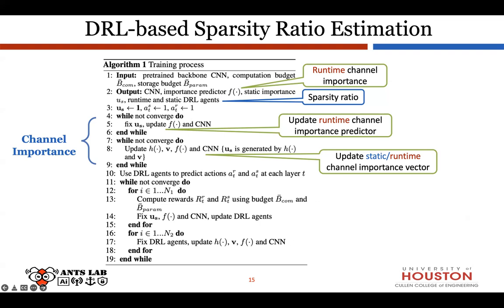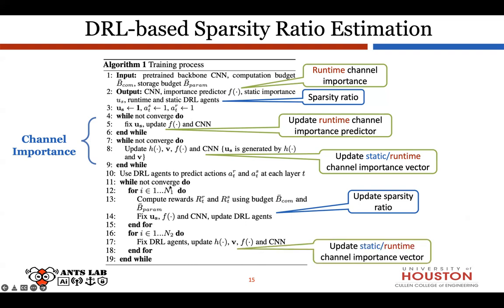Next, we move to the deep reinforcement learning part. We want to use the deep reinforcement learning agent to make the decisions of the sparsity ratio. So for steps 13 and 14, we update our deep reinforcement learning models to update the sparsity ratio. And here we fix the channel importance predictor and the channel importance vector.